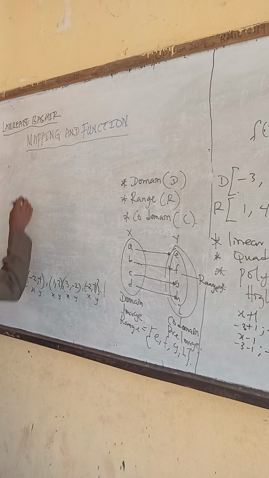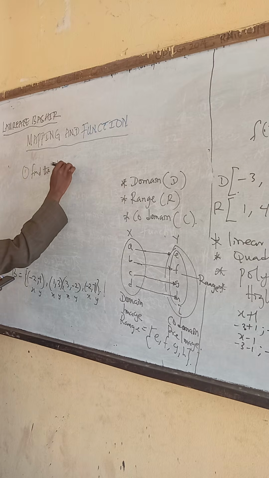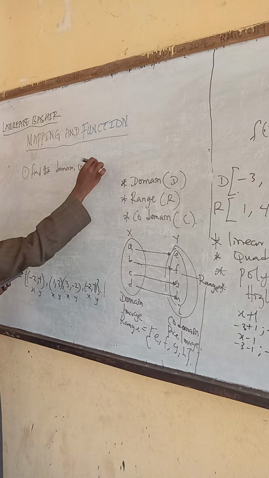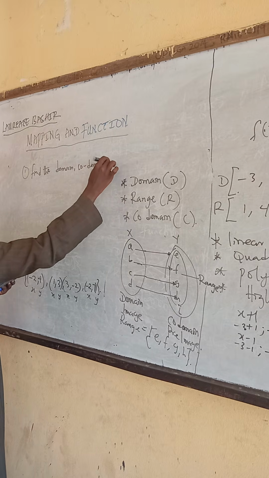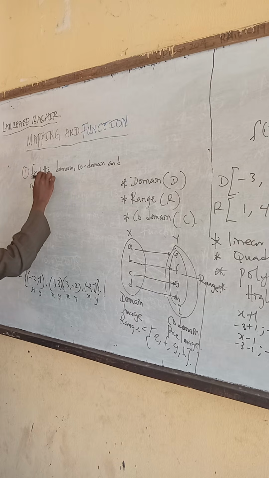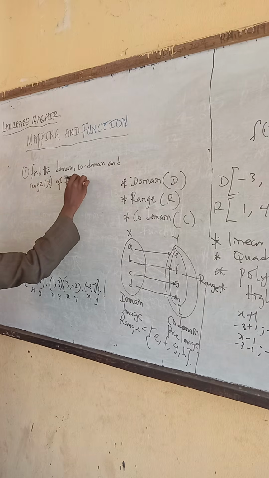The question says, find the domain, codomain, and range of the mapping. So we are given a mapping.